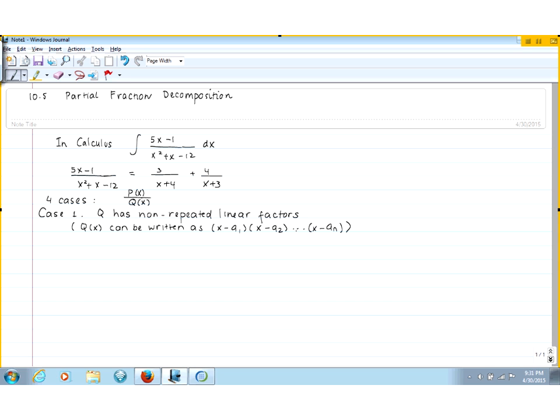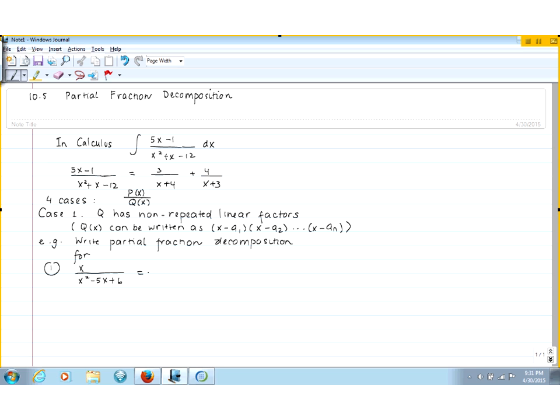Okay, so for example, write the partial fraction decomposition for number 1: x divided by x squared minus 5x plus 6.